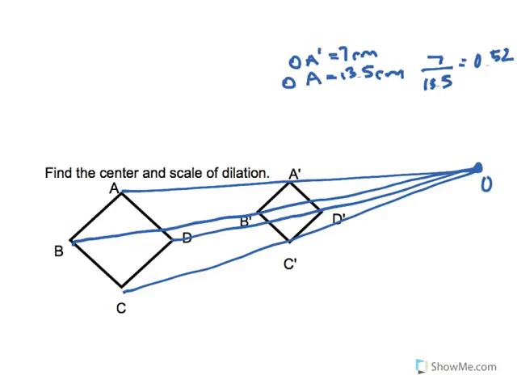So we're going to measure the distance from B prime now to center O and get 8.5.